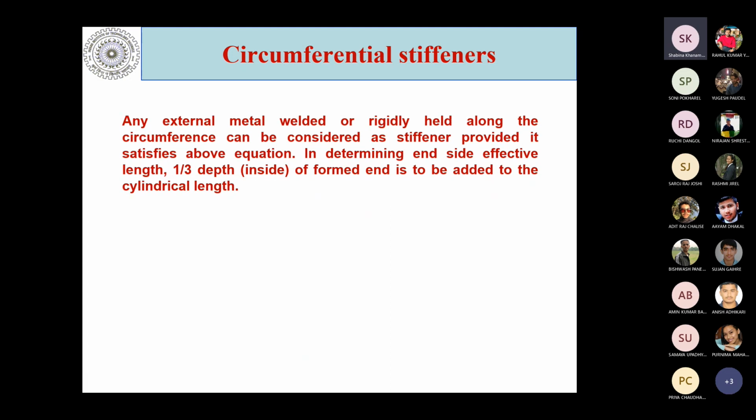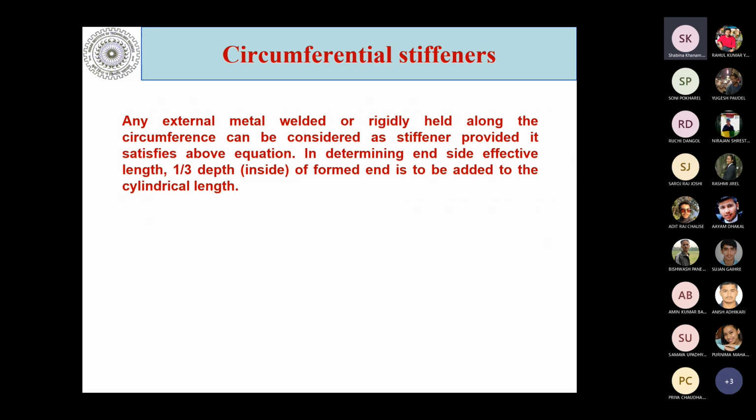Actually, when I'm considering the cylindrical length, the ends of that cylinder have the heads. Okay, if the head is a flat head, it is fine. If it is a formed head, you should understand that the circumference will keep on decreasing in these formed heads. Okay, I hope you are getting my point. So that will be the case of out of roundness at the head.